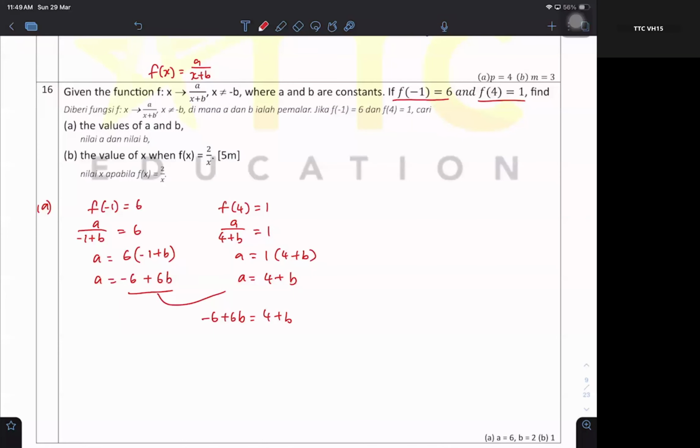Then you just do normal mathematics, shouldn't be a problem for you. Then divide by 5 is 2. Once you find out one of the unknowns, you can sub back to find the other unknown.